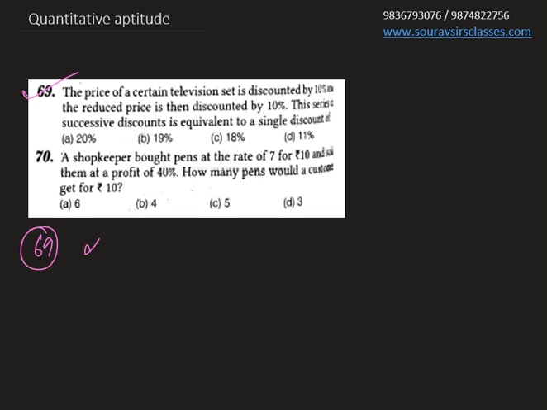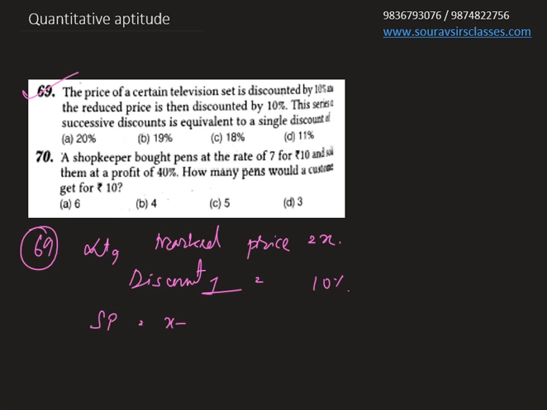So let the marked price be X rupees. Now the first discount is of 10%, therefore the selling price will be X minus X into 10%, that means 9X by 10.